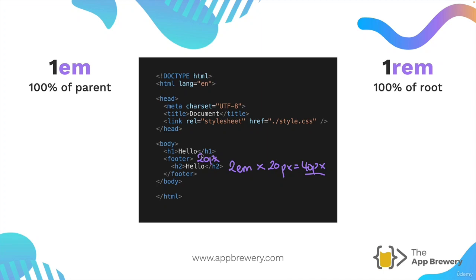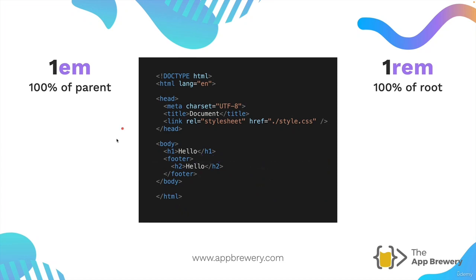However, if I go in here and change this footer to have 80 pixels, then all of a sudden this is going to change, and it's no longer going to be 40 pixels, but instead 2 times 80, which is now equal to 160 pixels. So it's moving relative to its parent size.